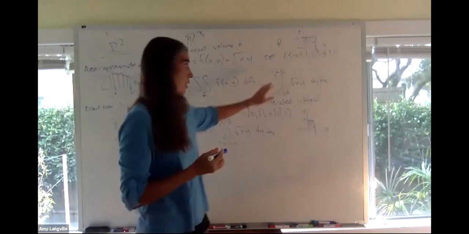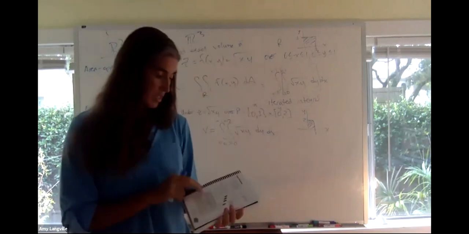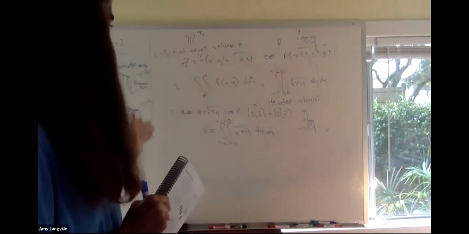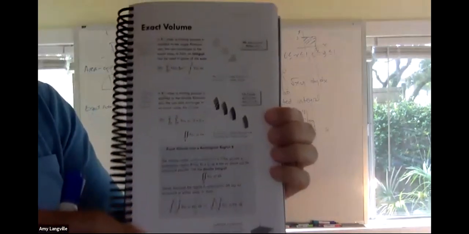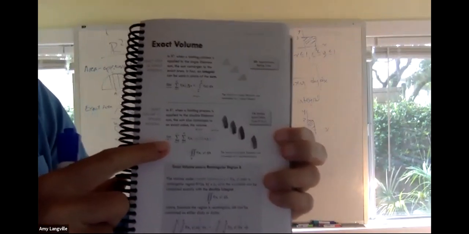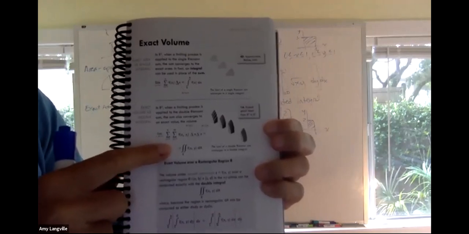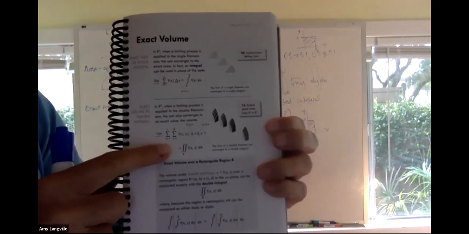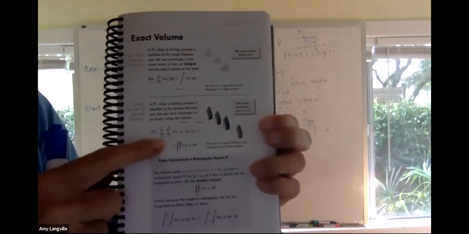And now I just have to tell you how to do a couple of these. The derivation, I think you got it from the approximate as n goes to infinity. It's this page here, exact volume. So we're really doing a limit of a double sum, right? Because we can change in the x direction and in the y direction. We have a two-dimensional thing in the xy plane, a region R in the xy plane, which creates the double sum.